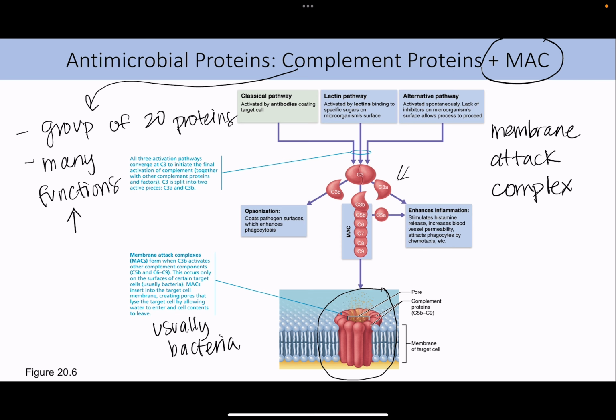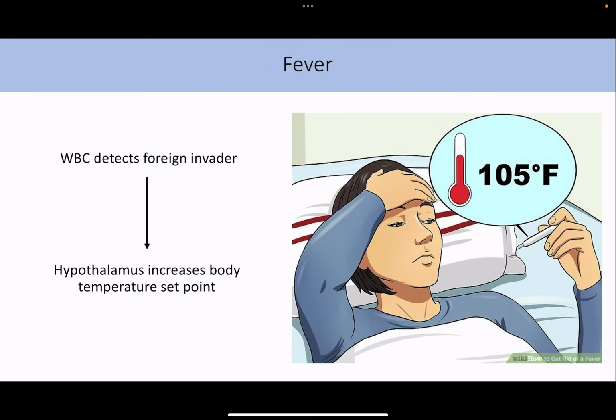And then the last thing that's part of our internal innate defenses, again non-specific, no memory, is fever. So when white blood cells detect foreign invaders, they release a chemical called a pyrogen.